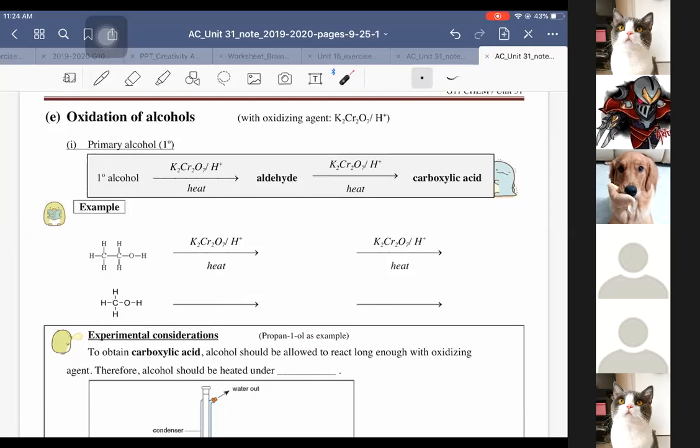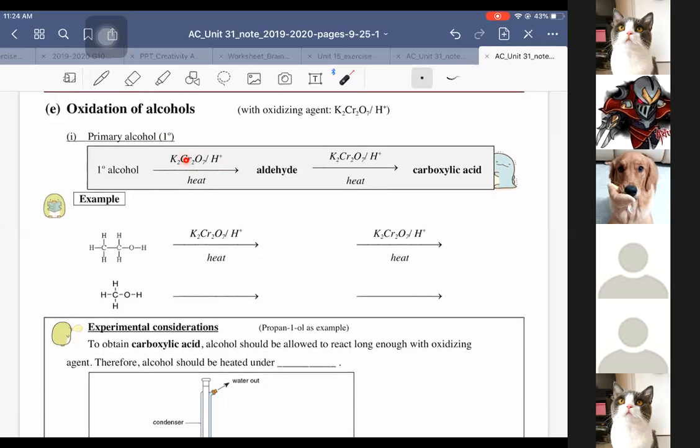Let's take a look at the primary alcohol here. If we put the oxidizing agent in the reaction and heat it, the primary alcohol would first turn into an aldehyde. Then if we further heat it with the oxidizing agent, we can further oxidize it to a carboxylic acid.